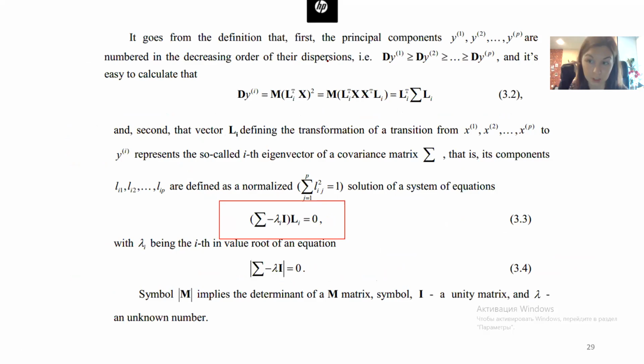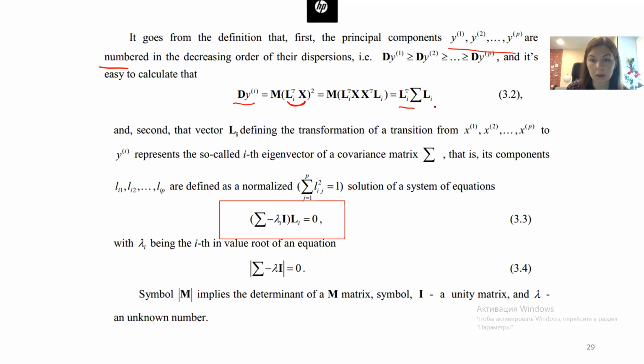You may find some information about how to calculate it in the lecture PDF file. So our principal components are numbered in decreasing order of the dispersions. And when we calculate the dispersion of the principal components, it will be like a mean value of this squared.